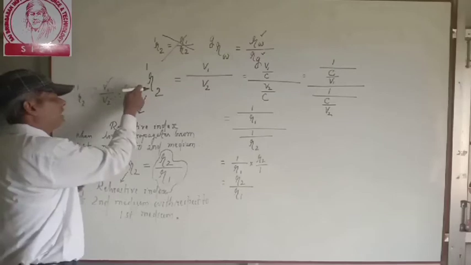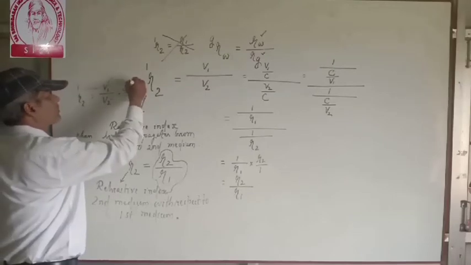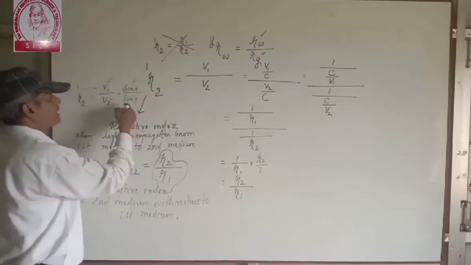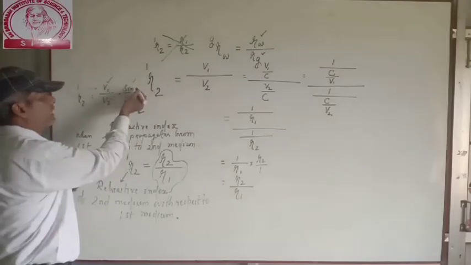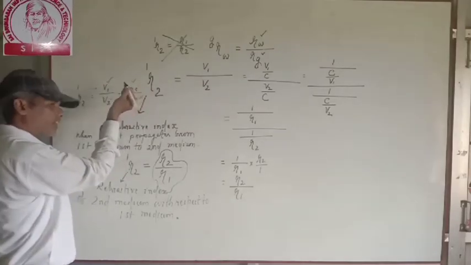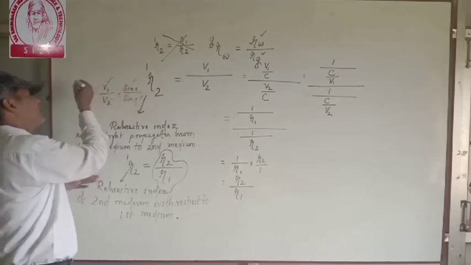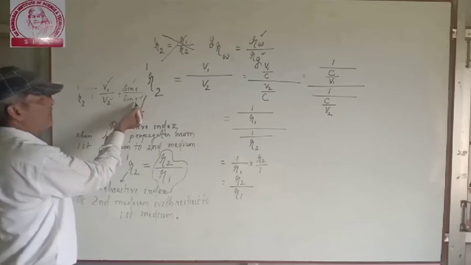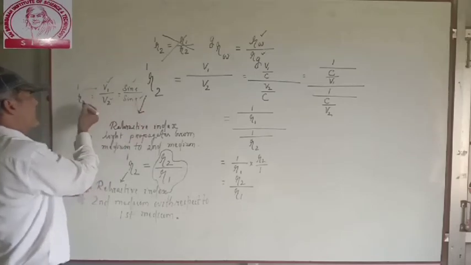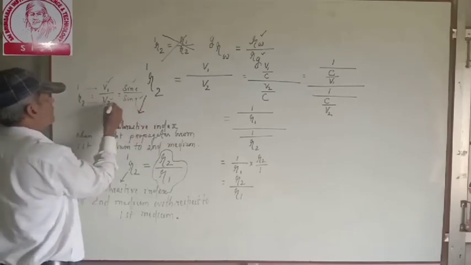So sin 30 degree divided by sin 45 degree. 30 degree is the angle of incidence in first medium. 45 degree is the angle of refraction in second medium. So it is easy to remember.